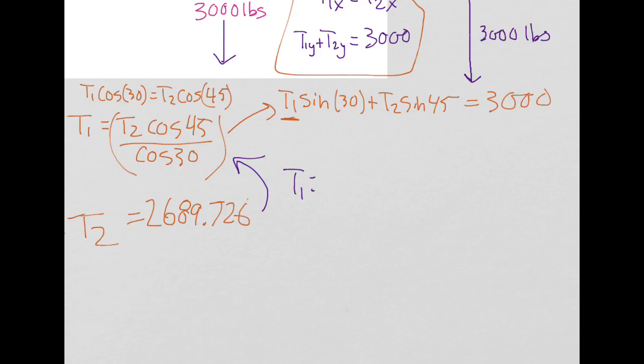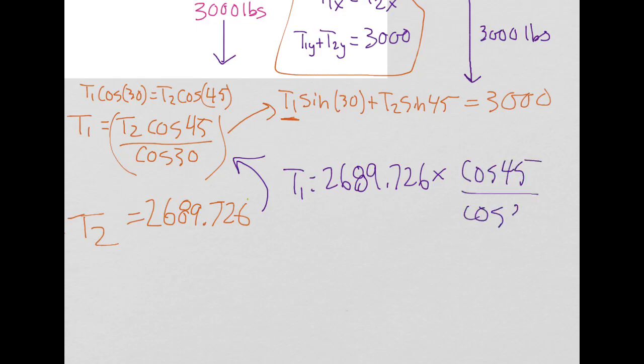T1 equals T2, which we found to be 2,689.726, times the cosine of 45 divided by the cosine of 30. Plug that into your calculator just like you see it, and you will get 2,196.152. And again, that is T1.